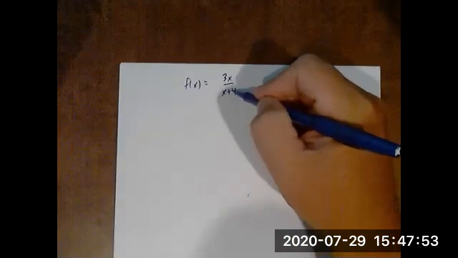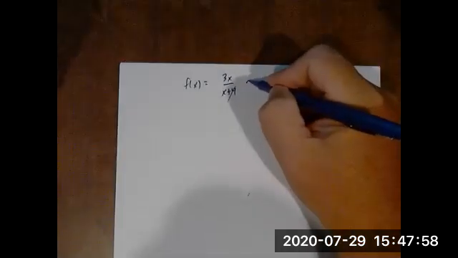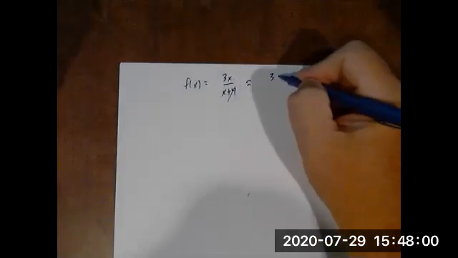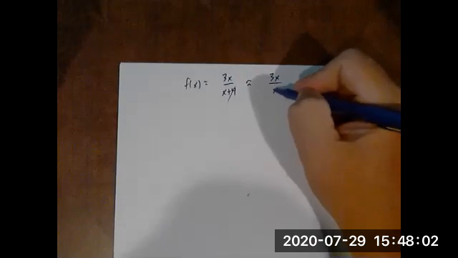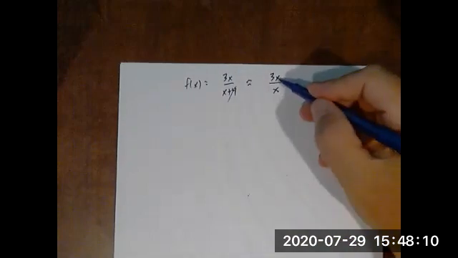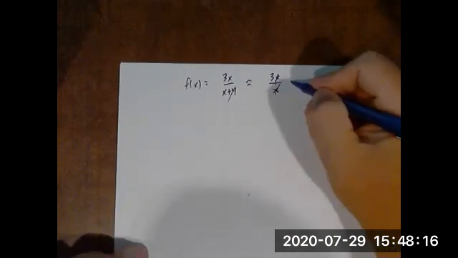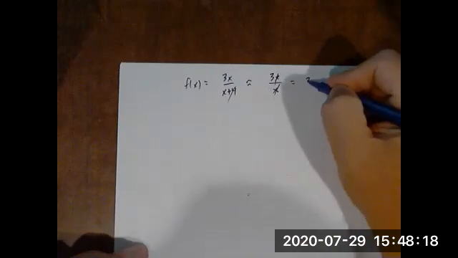In the bottom, I have x plus 4, so I sort of eliminate the 4. So when I reduce to leading terms, I have 3x over x. Now, I go and I say, can I cancel anything? Well, in this case, I have x over x, which those cancel out. So when I cancel, I'm left with 3.